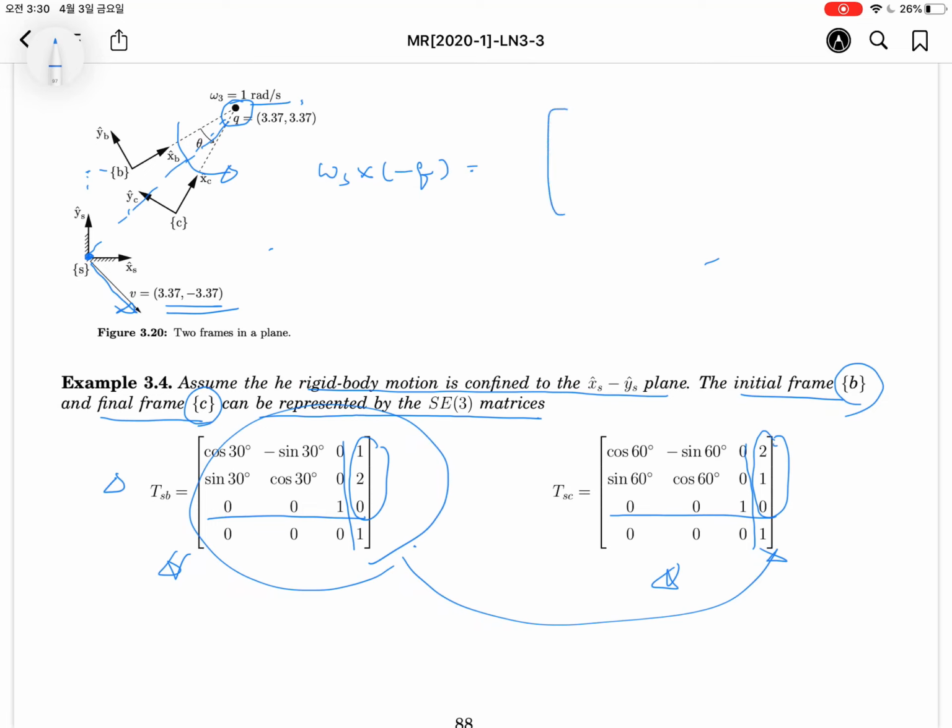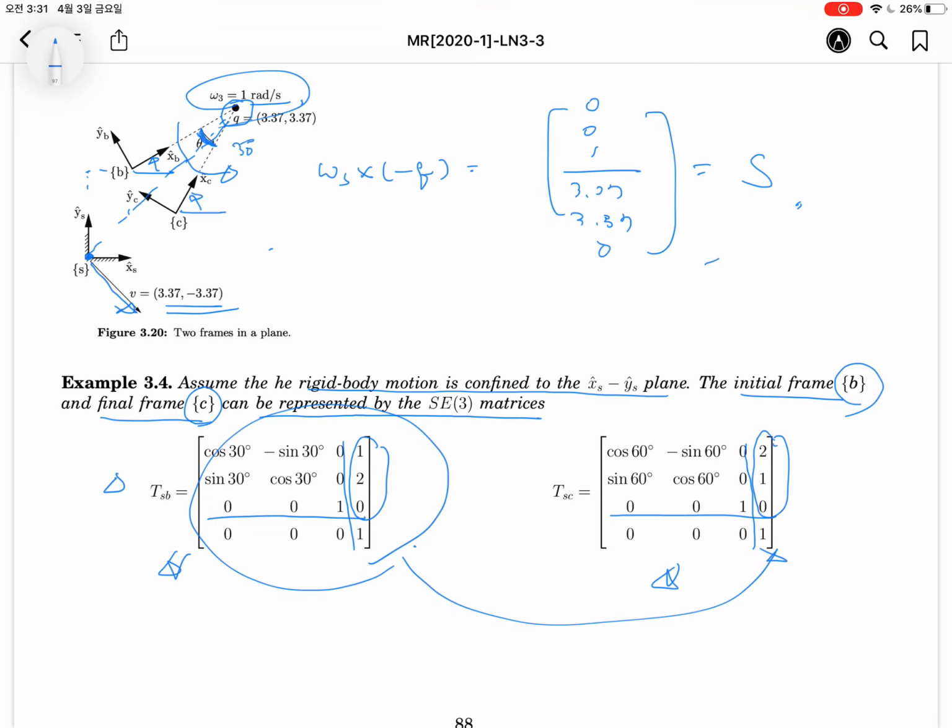So by collecting the rotational axis (0, 0, 1) and (3.367, 3.37, 0), it will be the screw axis. Okay, the rotational angle, actually this is the 30 degree, this is the 60 degree.